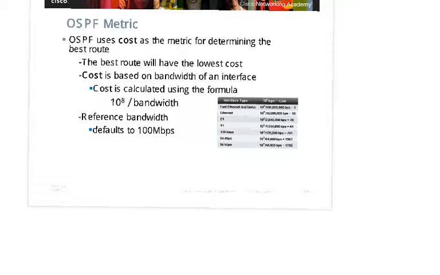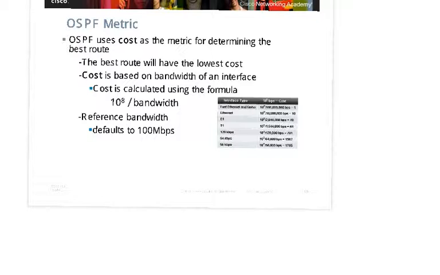Another slight difference here is that the cost is calculated based on the reference bandwidth. In EIGRP, the reference bandwidth, of course, no one will remember that, used to be 10 to the power 7. Here it is 10 to the power 8. Okay? So the reference bandwidth here is 10 to the power 8 divided by the bandwidth of the link.